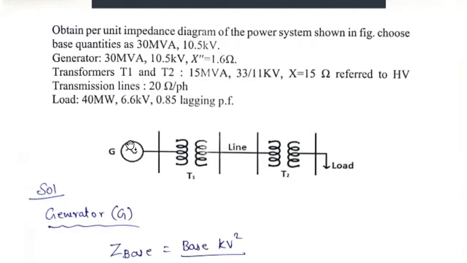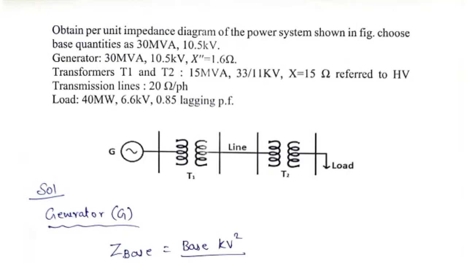Sometimes the generator values are also not given, so you can choose some common base values, say near 10 kilovolt or 11 kilovolt, based on the generator ratings. Or otherwise, if you want to choose different base quantities, that also you can choose.